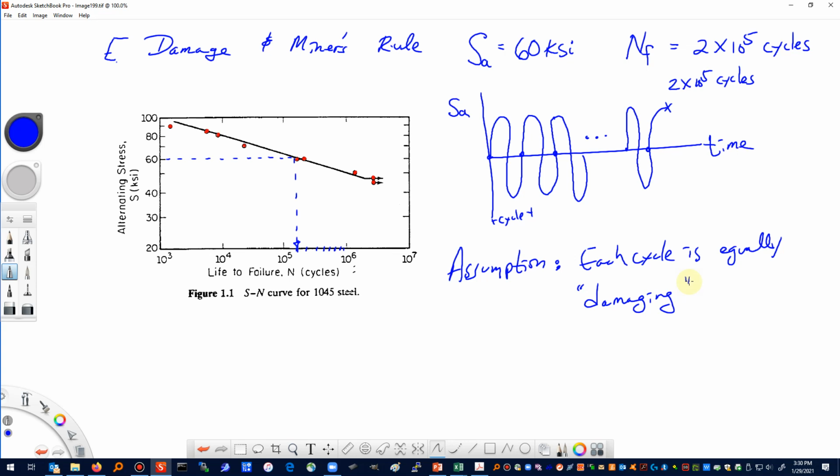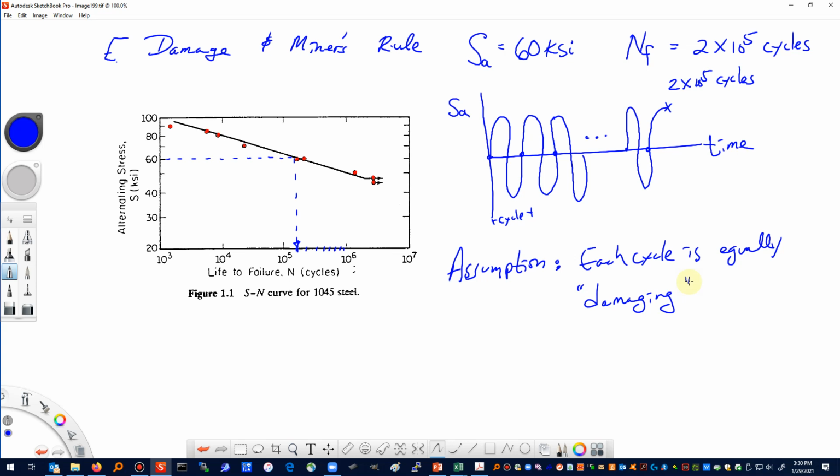Things are changing too quickly with the extension of larger cracks, ones that you could visibly see, for us to be able to really rely on that assumption. We can also make other assumptions about our fatigue test, but without having any other information, each cycle being equally damaging is pretty reasonable. And that's the assumption that was used for linear Miner's rule.